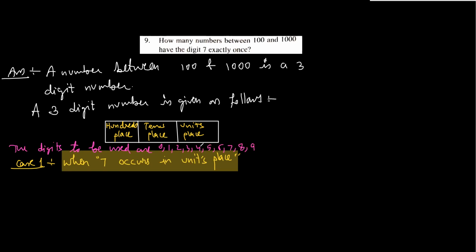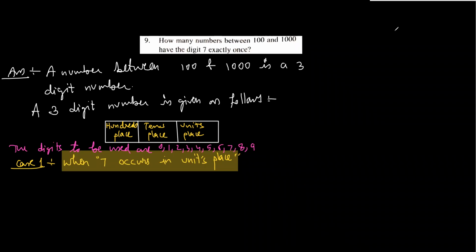Now see, if you ask me how do you know that these are the digits to be used? Come on, between 100 and 1000, those three-digit numbers you have, don't they use these digits? What else do they use? They use these digits only.